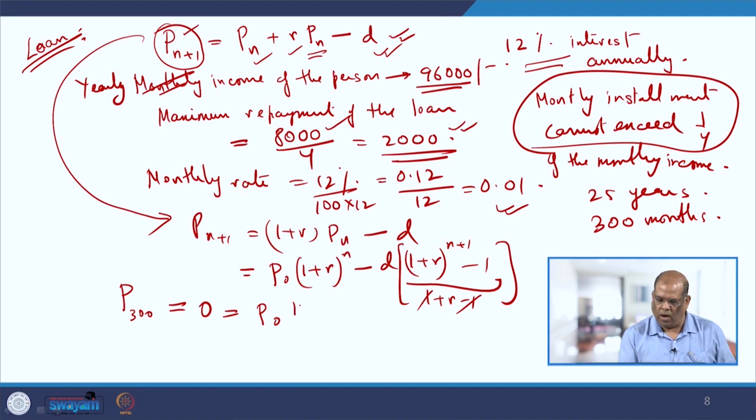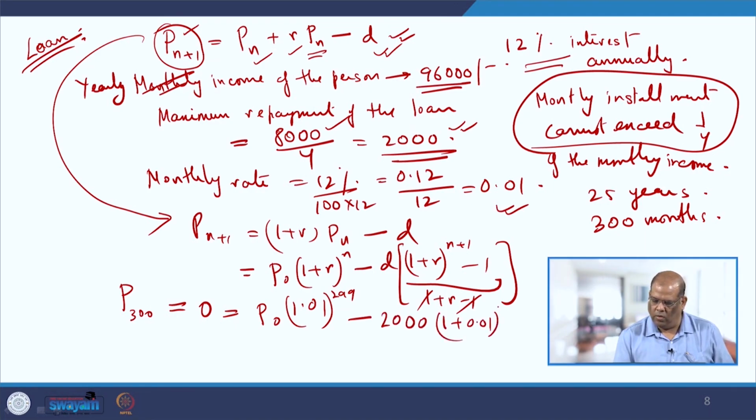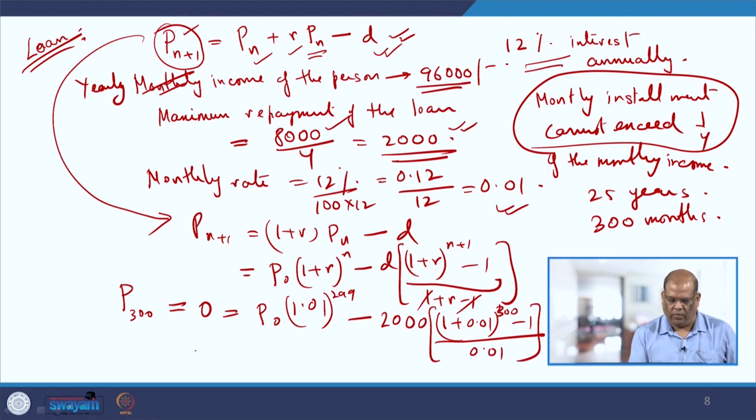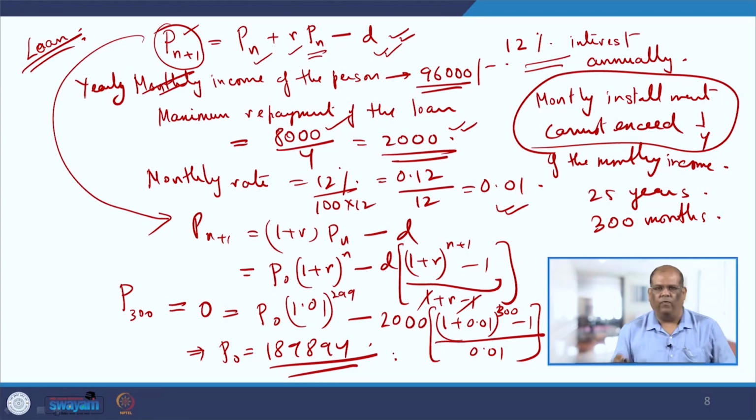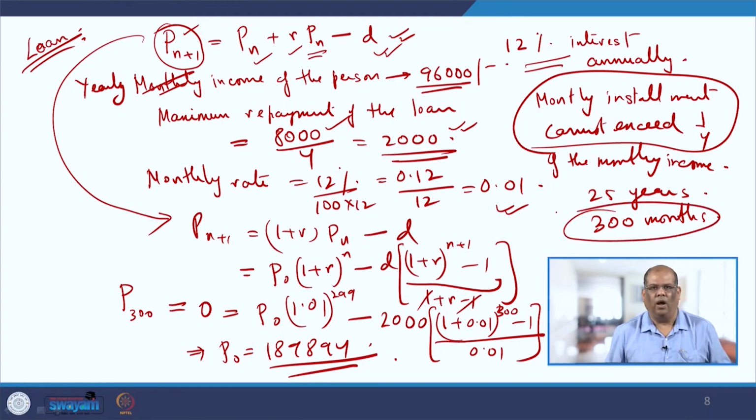This is 1.01 to the power 299 minus D, which is your 2000, times 1.01 to the power 300 minus 1, divided by 0.01. If you solve this equation, you will get P0 approximately equal to 189894. So, if you take this much amount of loan, that is the maximum amount, then you will be able to repay it back in 300 months.